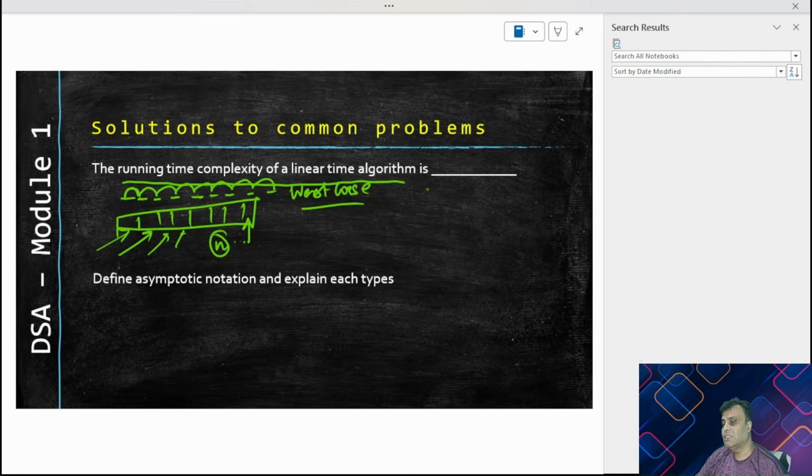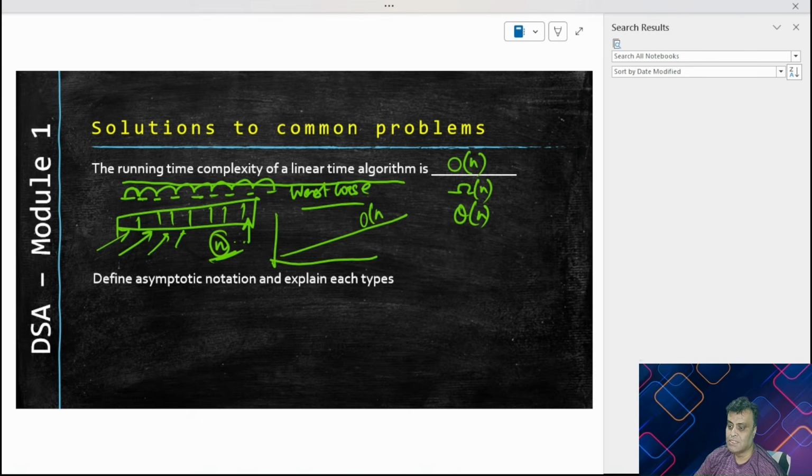So the running time complexity of a linear time algorithm is actually n. You can represent it as big O of n, you can write it as omega of n, and you can write it as theta of n. Why? Because this particular n is a known complexity class, like y equals mx plus c, which is the linear class.